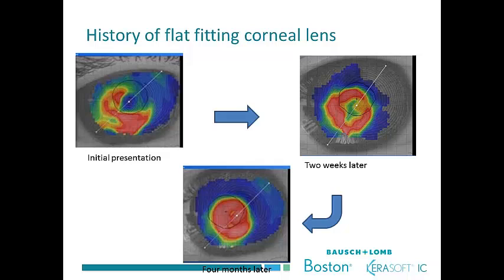The other thing is, if a patient comes in wearing a corneal GP lens that's flat fitting, eventually that cornea is going to unmold. This becomes really important when you're fitting a custom soft lens as well as a scleral lens. You may have to stretch out your fitting appointments for that cornea to unmold.